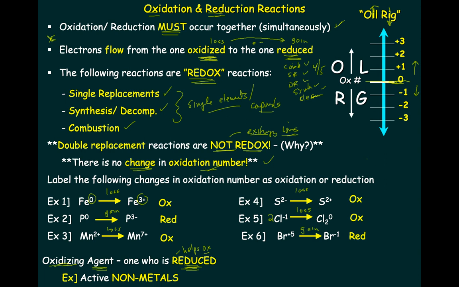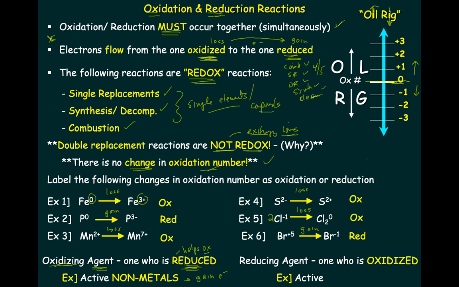Active nonmetals are good examples of oxidizing agents because these gain electrons. Nonmetals have high electronegativity, so they allow other things to be oxidized. For example, oxygen is a good oxidizing agent. Why? Because it gains electrons, so it enables iron to lose electrons and be oxidized. So it's an oxidizing agent.